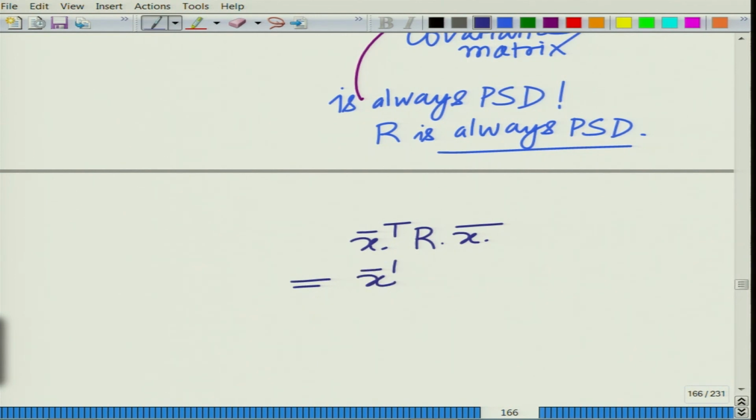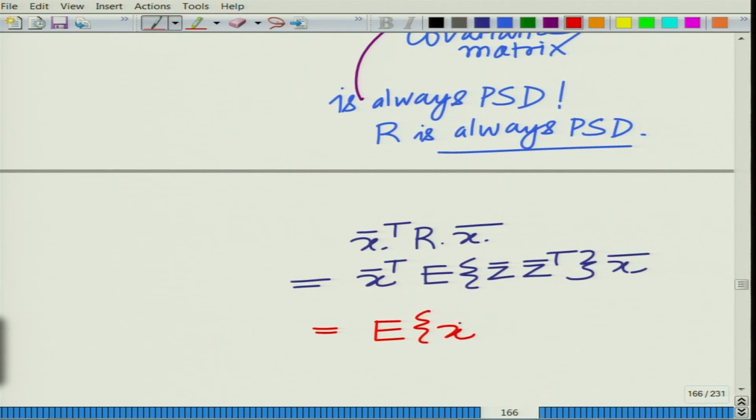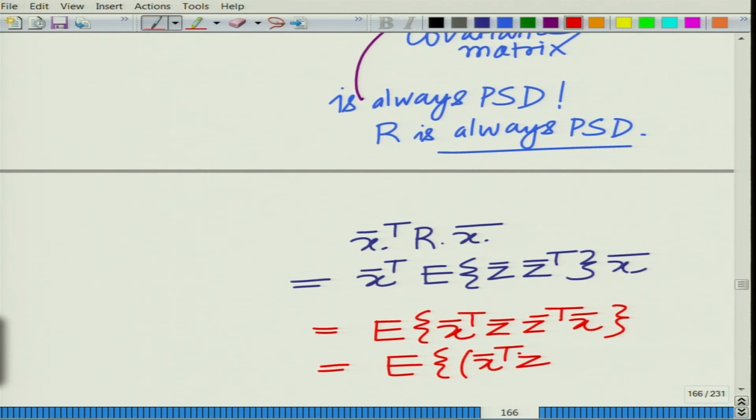This is equal to x bar transpose times the expected value of Z bar Z bar transpose times x bar. Now take the x bar inside: this is the expected value of x bar transpose z bar z bar transpose x bar, which is equal to the expected value of x bar transpose z bar whole square.